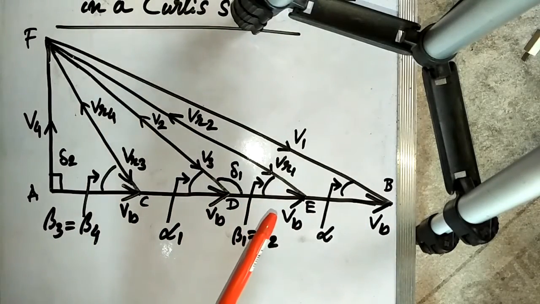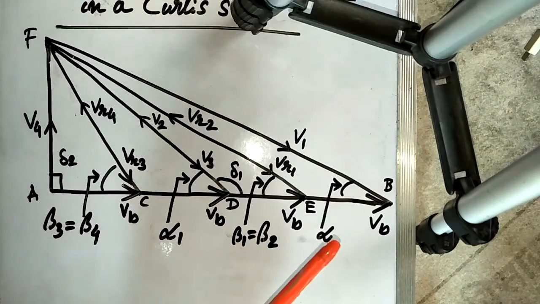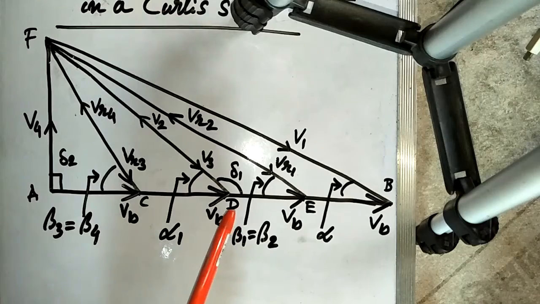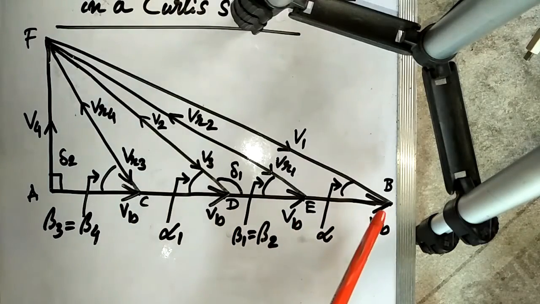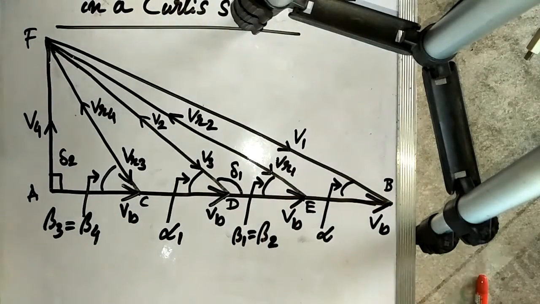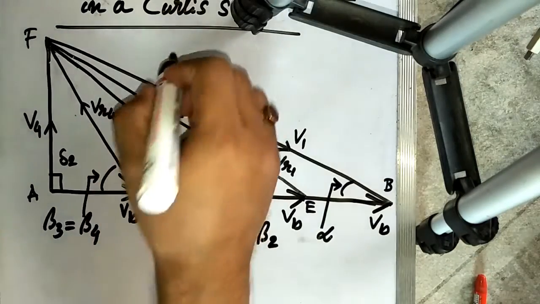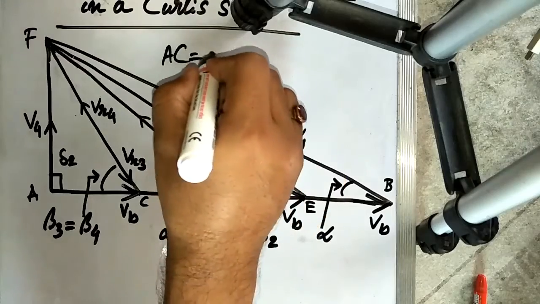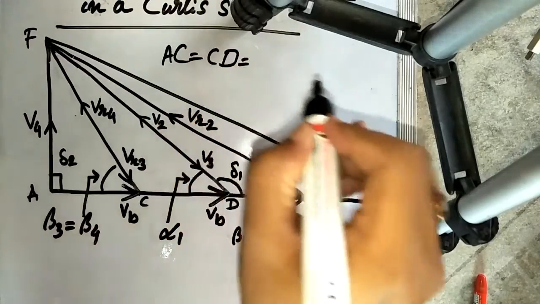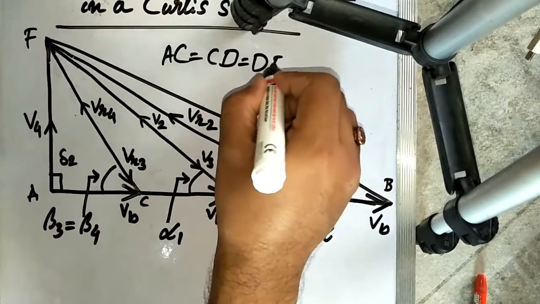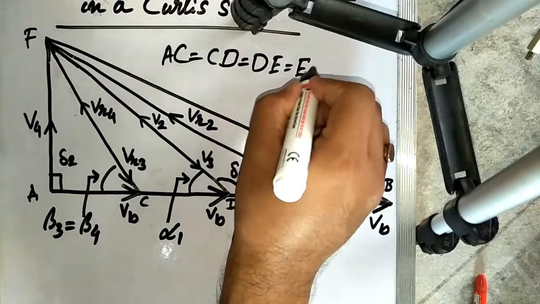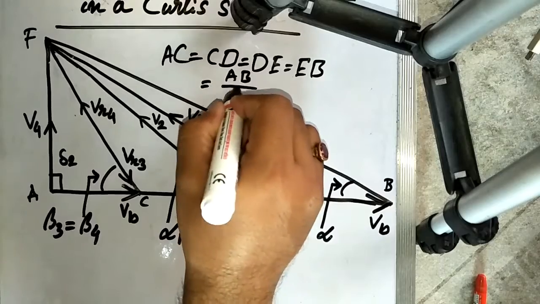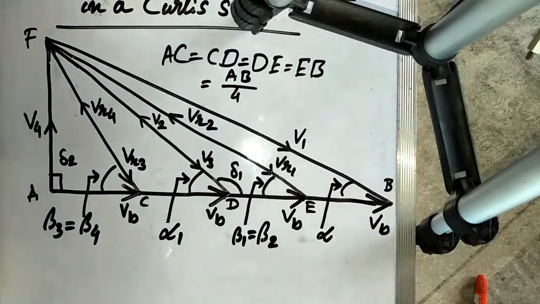So 4 into VB, and it is drawn such that AC is equal to CD is equal to DE is equal to EB, that means each is equal to AB by 4.